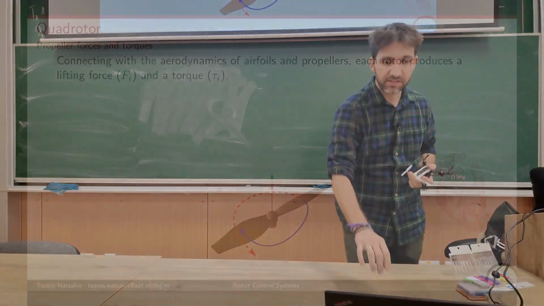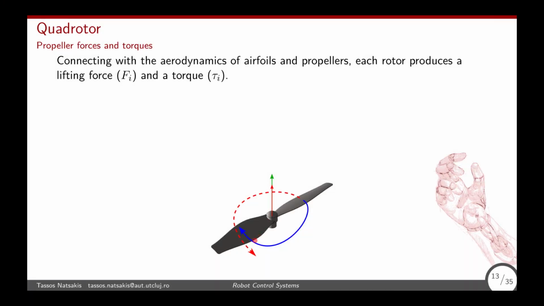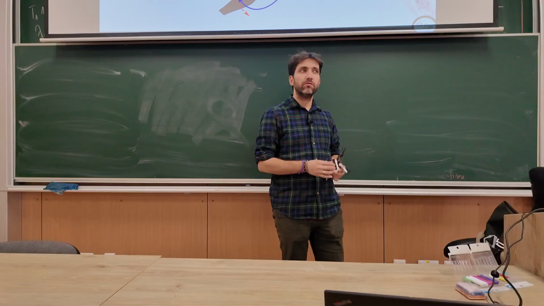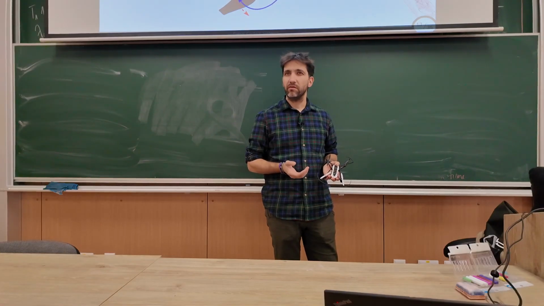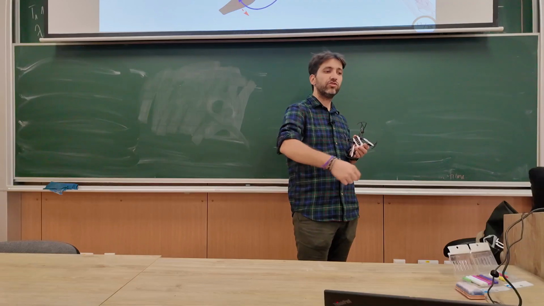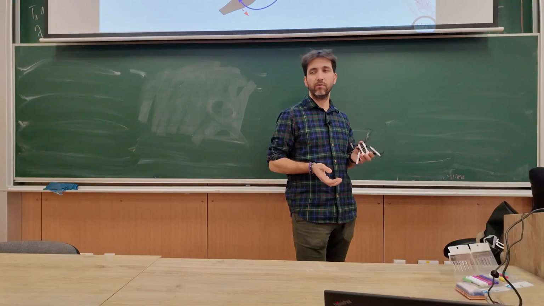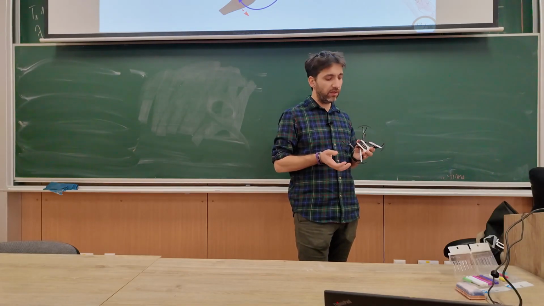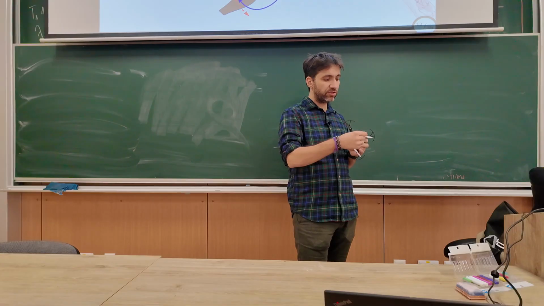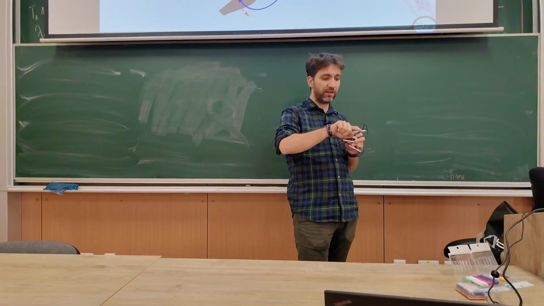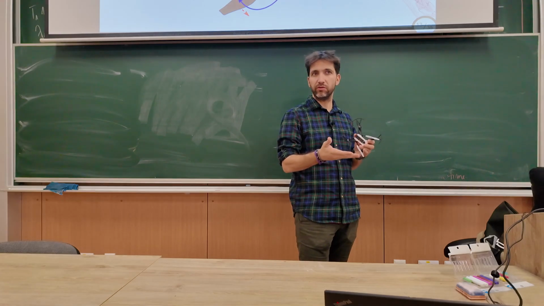So, this is a clear schematic I made here. I have this propeller, it rotates as the blue line, and it generates a torque like the dotted red line, right? Torque, I don't remember if we talked about it for manipulators, but basically it's a rotational force, right? A force acting over a distance, and we can calculate it as a vector, where the direction is the axis of rotation and the length is the magnitude of the torque.